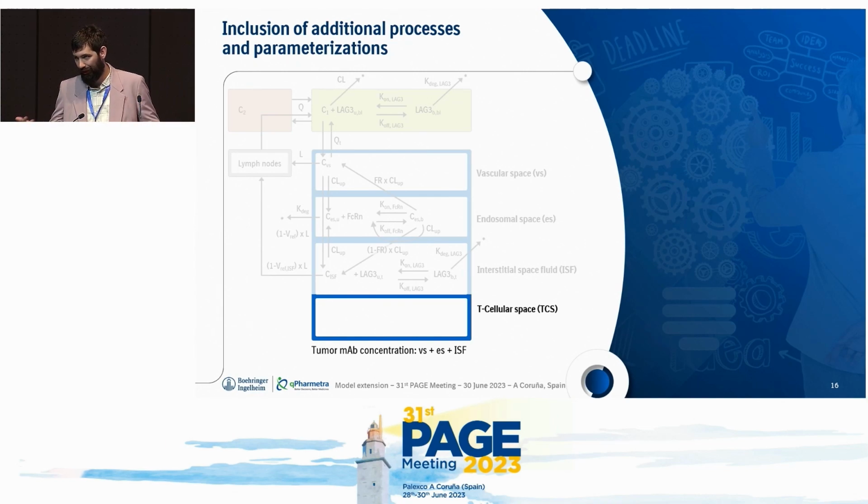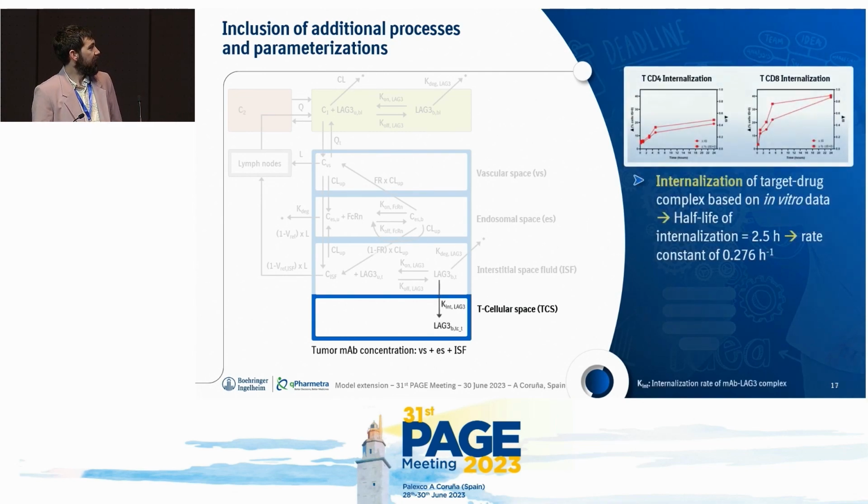So we need to have a compartment to keep track of this. As said, once bound to LAG3, our monoclonal antibody internalizes within the T cell. We luckily had some data from Boehringer Ingelheim from in vitro experiments from which we could get an idea about the half-life of internalization, and we modeled this as a first-order process with a rate constant of around 0.3 per hour.